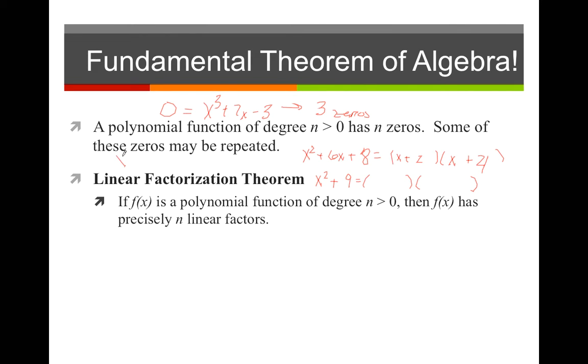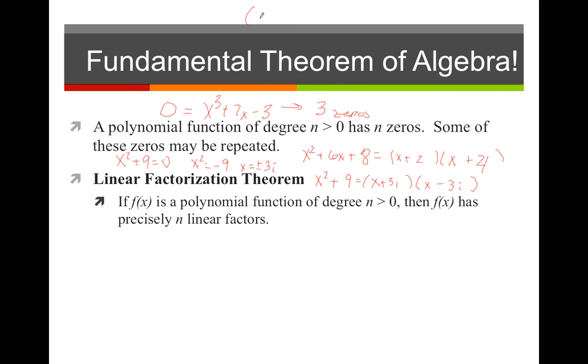But if you think about what makes x squared plus 9 equal to 0, you would get x squared equals negative 9, and that means x is equal to plus or minus the square root of negative 9, which is 3i, which means I can write this in factored form as x plus 3i and x minus 3i. So you notice this x squared plus 9 can still factor to x plus 3i and x minus 3i.